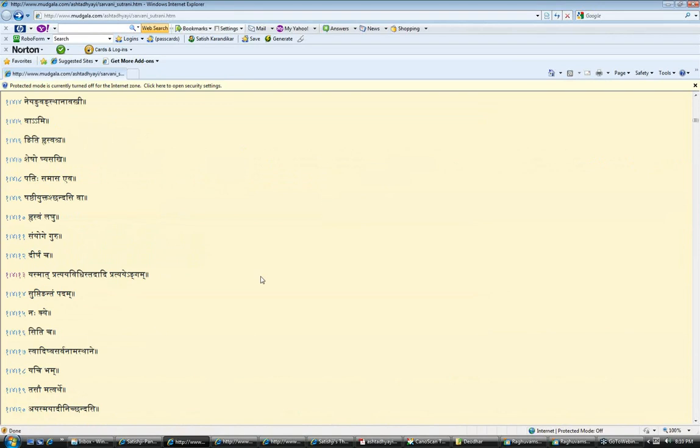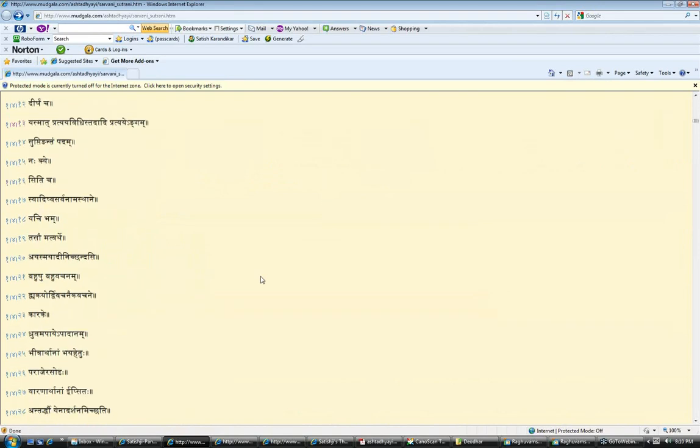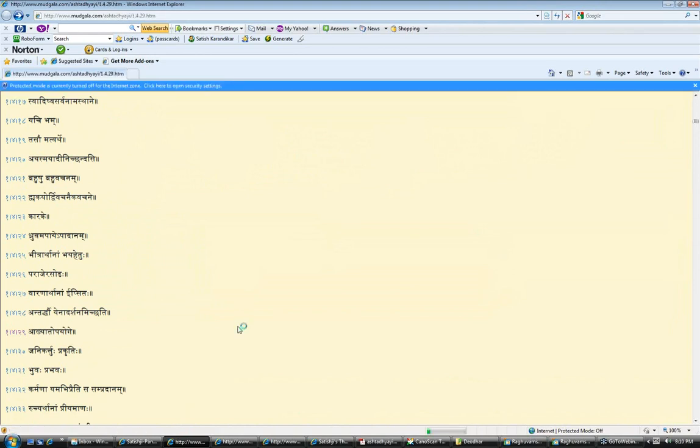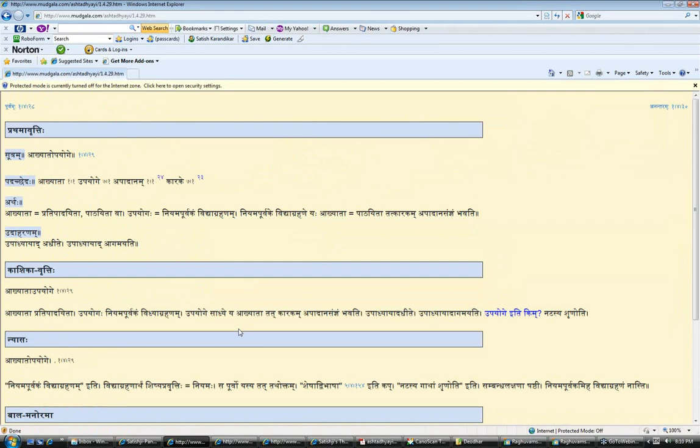Let's look at the vritti for that, 1.4.29, akhyatopayoge. So what it says: apadanam. So the akhyata, the narrator, the teacher who is imparting knowledge, gets the apadana sanjna.